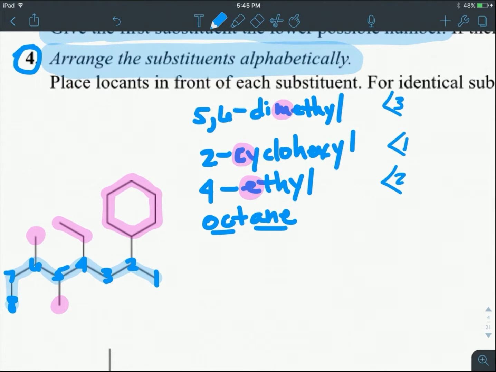So writing those out properly now, my full name is going to be 2-cyclohexyl, 4-ethyl. Notice again there are dashes between letters and numbers.